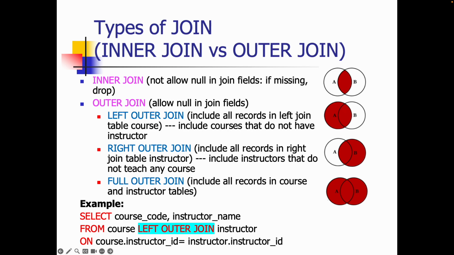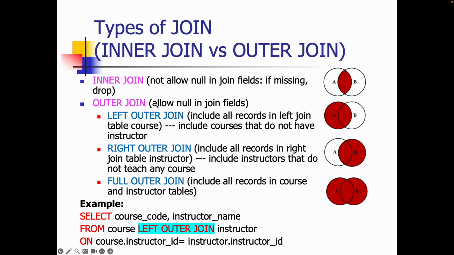For example, if some students do not have an instructor, or some instructors are not teaching any courses, it doesn't return null. It's not like a student and then instructor null. It doesn't allow that. So if you are using inner join, it only returns if there is a matching value for both tables.